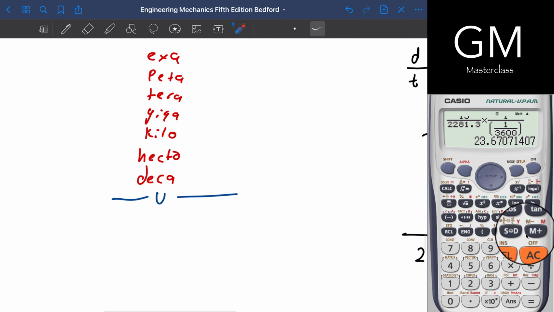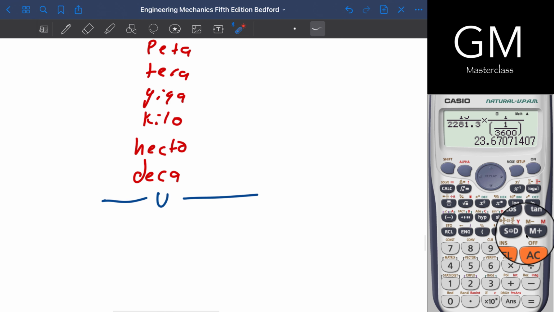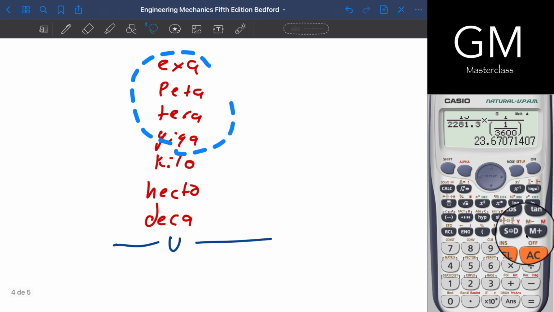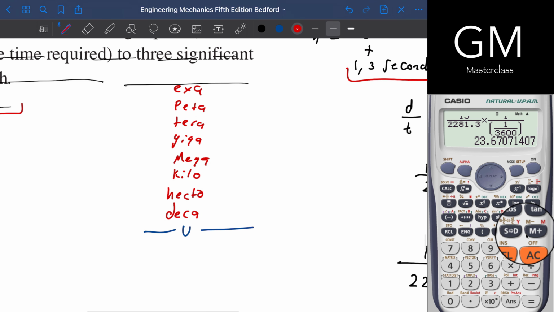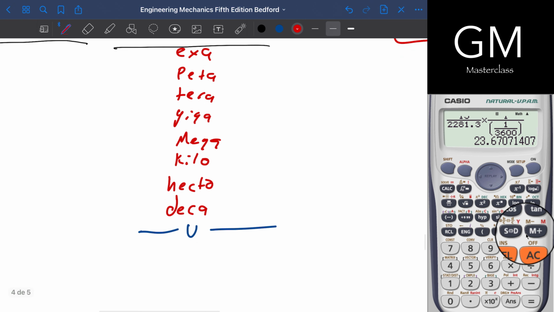I must have 8 of them, so I'm going to count it. 1, 2, 3, 4, 5, 6, 7. There is one missing, so I'm going to check it. Deca, hecto, kilo, giga, tera, peta, hexa. I'm missing mega. How do I know this? By memorizing the prefixes, because there is the only way.